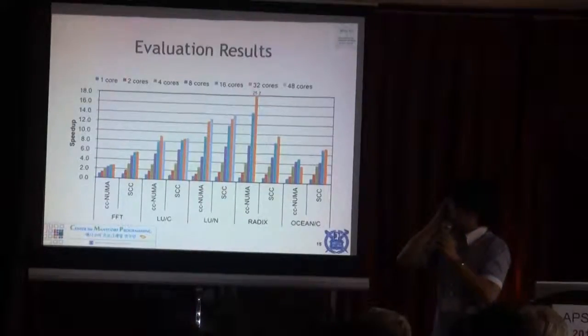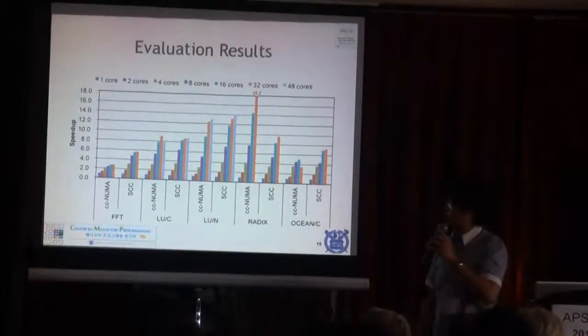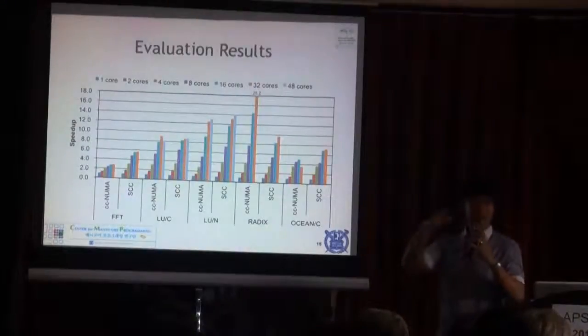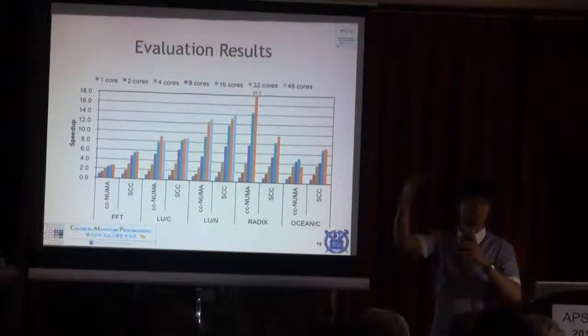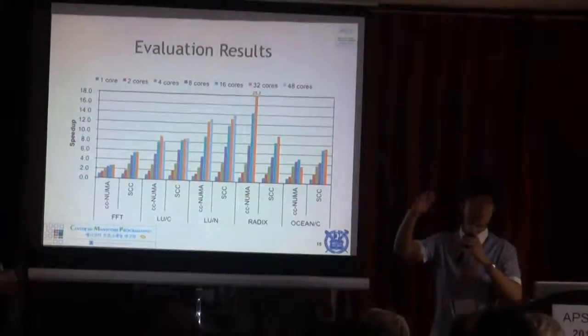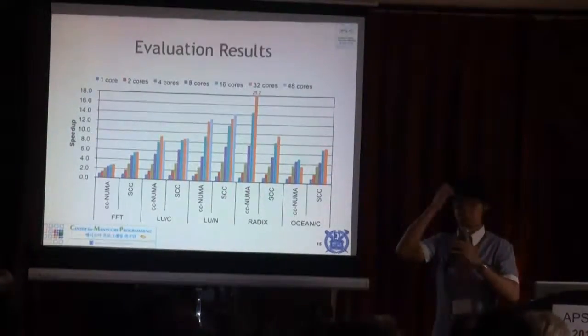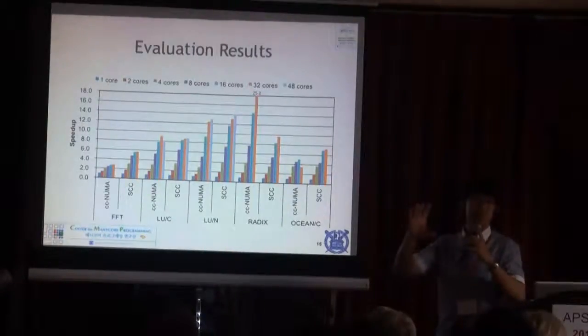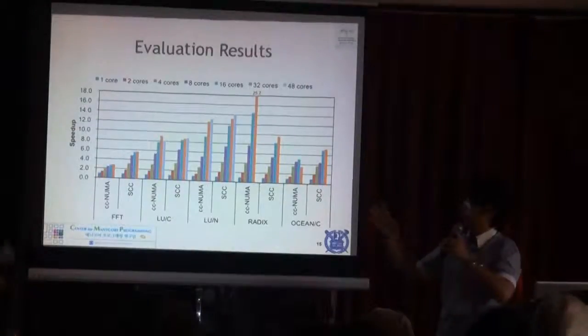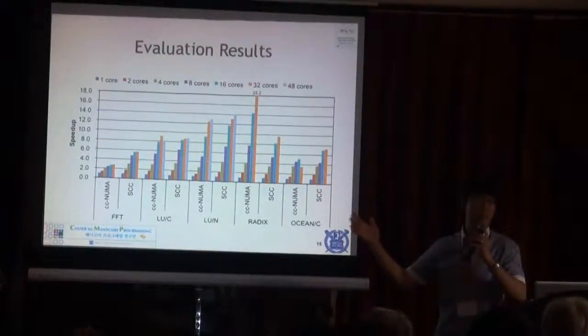Actually, I think I measured the total execution of the application. There is a sequential region and a parallel region. I think there is not enough parallel region in the application because the input size is not that large.